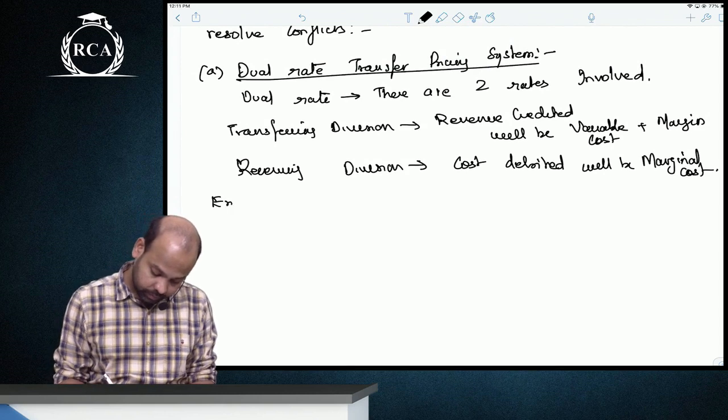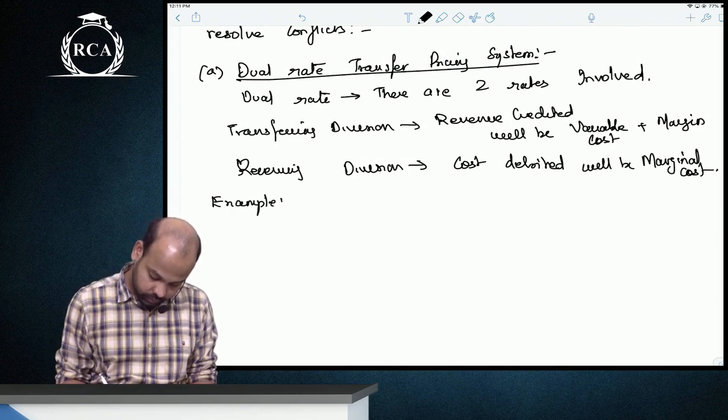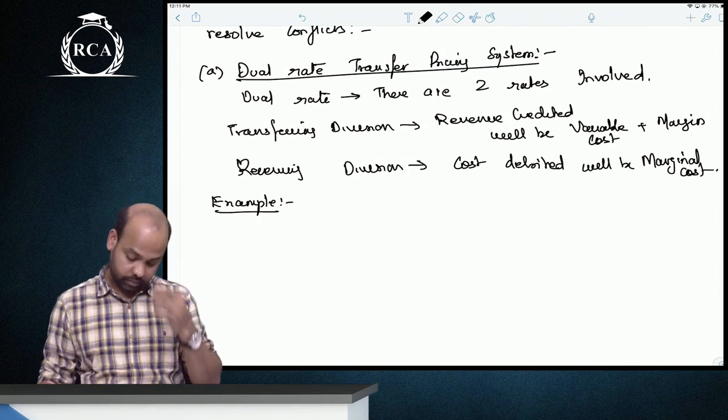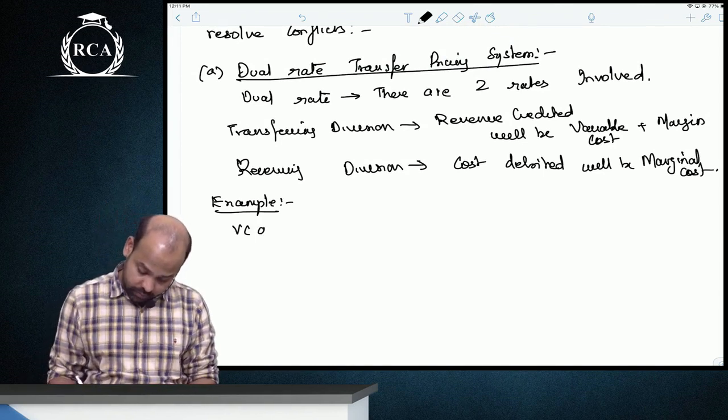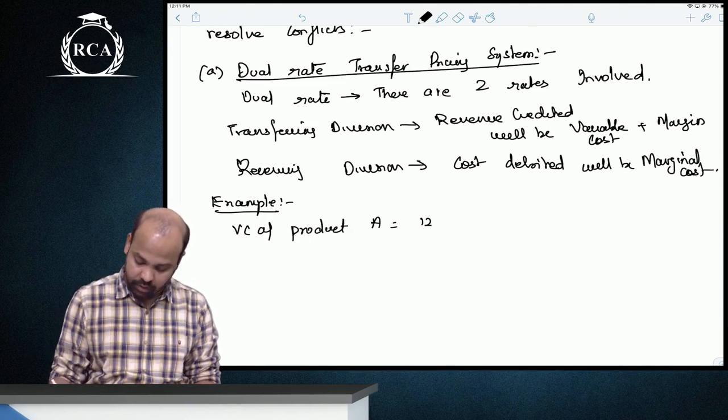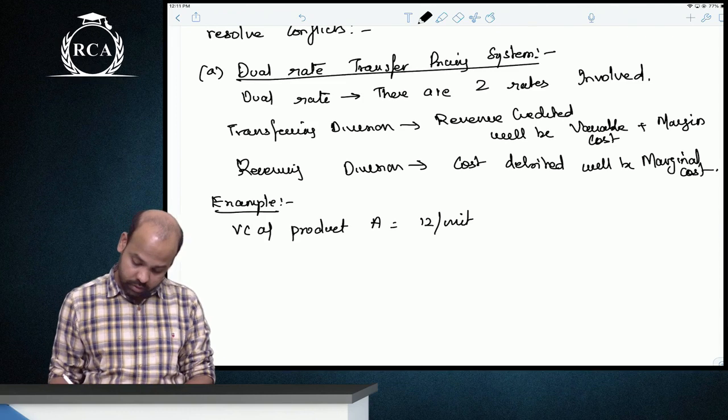Example, guys. Variable cost of product A is 12 rupees per unit. 25% margin.